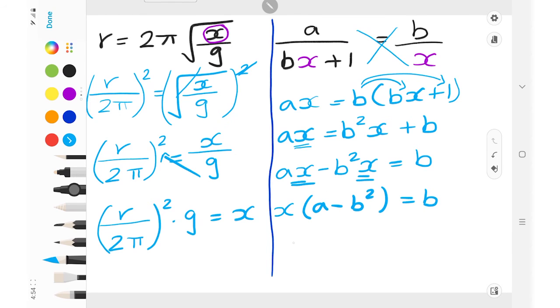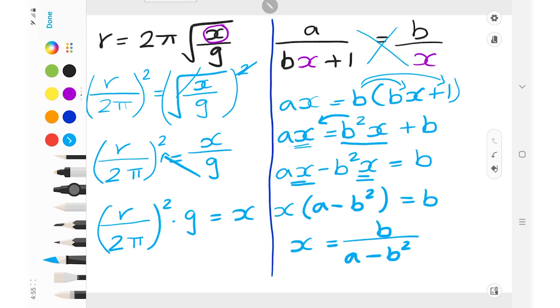Equal b. Now x equal b divided by a minus b squared. So this is it. First, what I did, I forgot about the x here and I brought the b. This was totally wrong. So I bring the b squared x beside the ax and take x common factor, and then I get x as the subject of the formula.